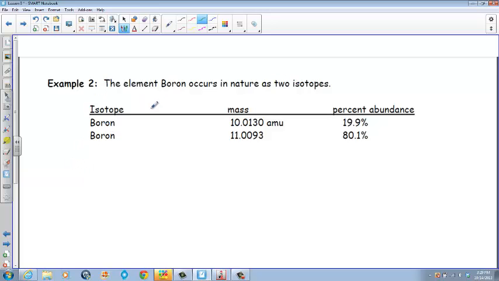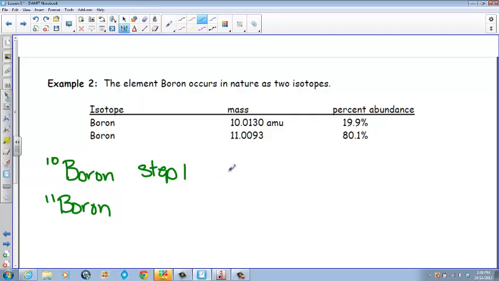It has 2 isotopes naturally occurring, and we have masses here, and we have percent abundance. So we're going to look at boron, and we could say that's boron 10. First we do the multiplication, so step 1. We have boron 11 and boron 10.